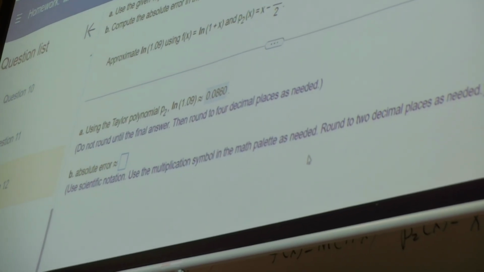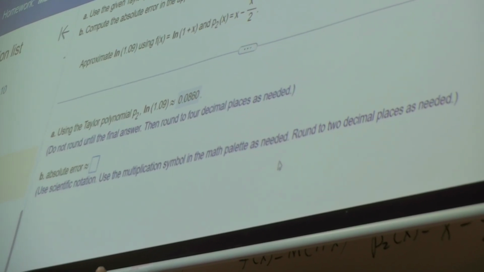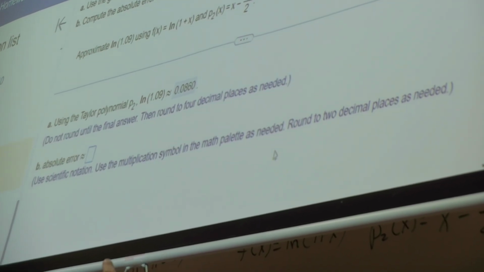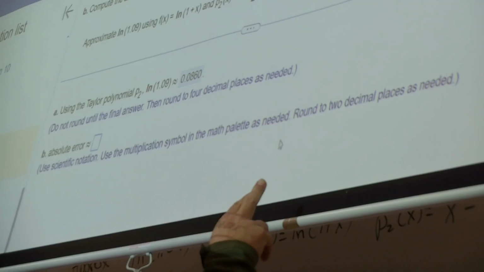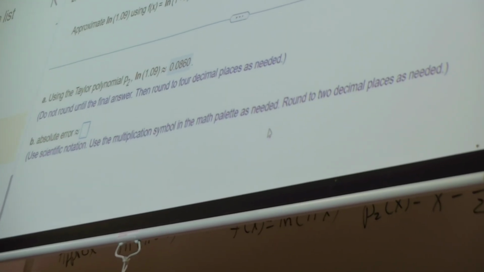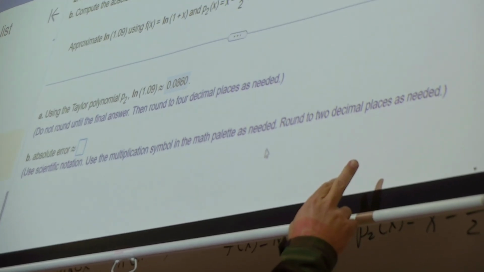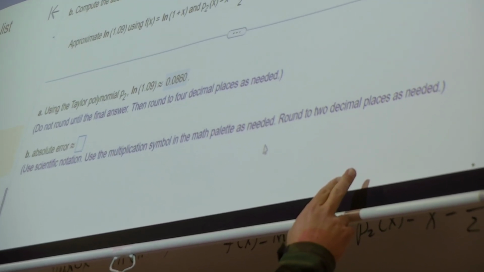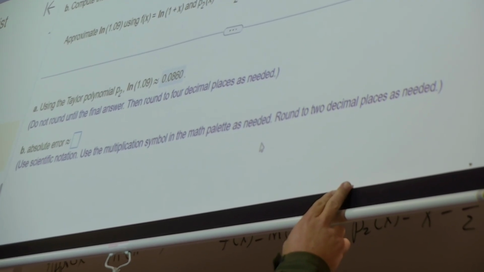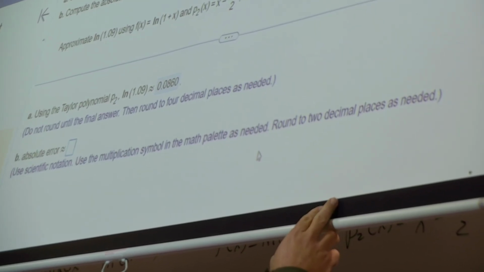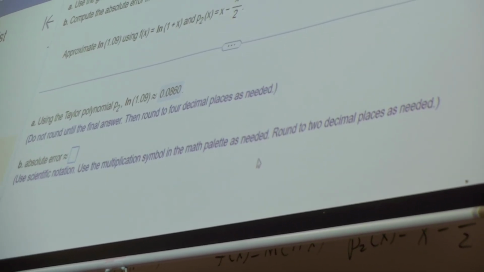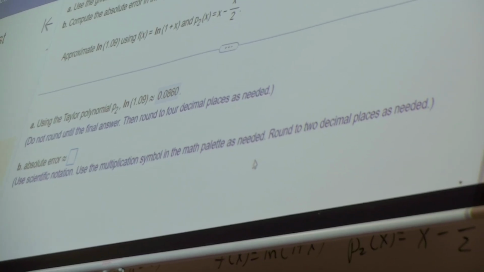Now, absolute error says use scientific notation, use the multiplication symbol. Probably not going to matter because we're going to round it to 2 decimal places. Yes, it would matter. All right, what do you get if we use the original?